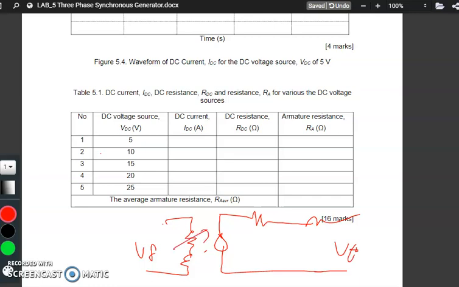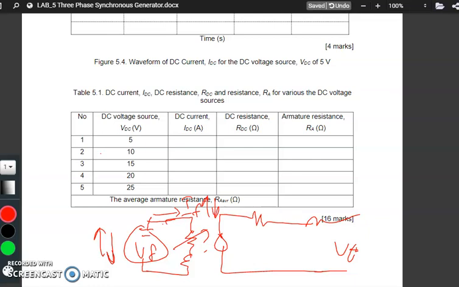We can change the IF by adjusting R adjustable here, or by changing our VF here. So now we are changing our VF up or down, so we have a variation of IF.